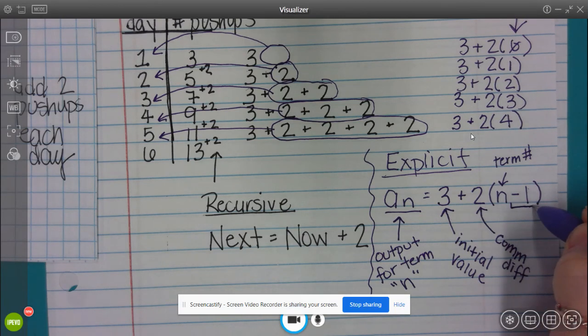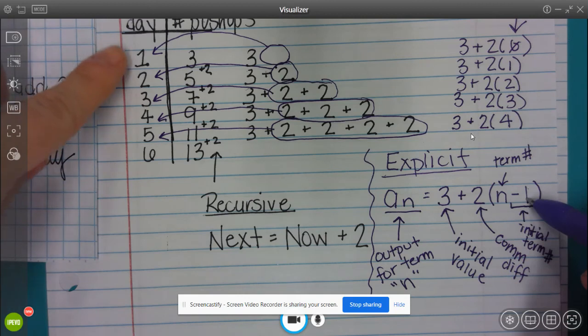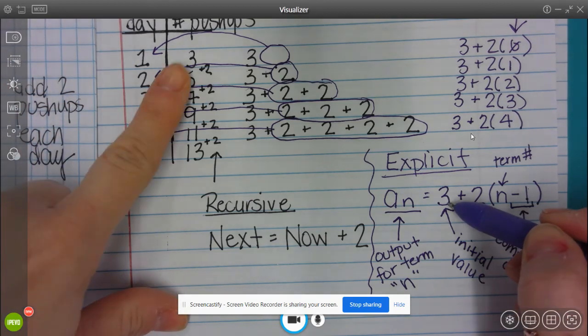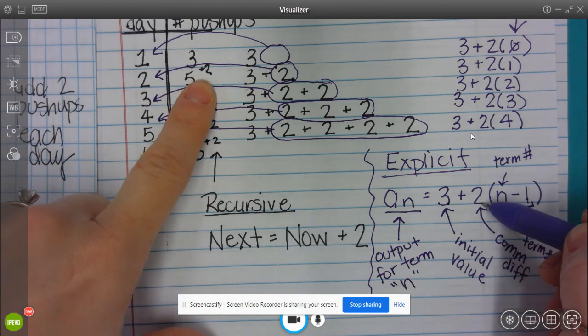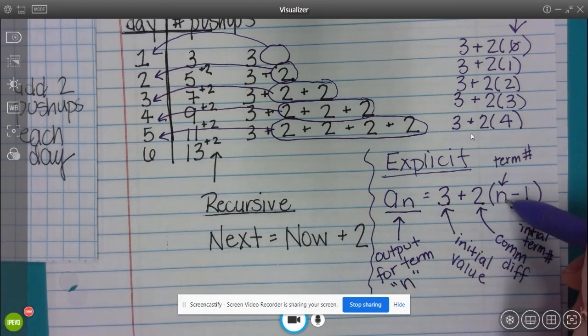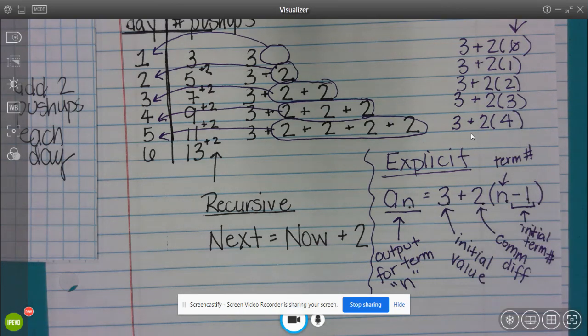And then I have the 1, which is my initial term number. So my initial term number was 1. My initial value of push-ups was 3. My common difference was +2. And then n is for any term I could think of. And a sub n is just my output.